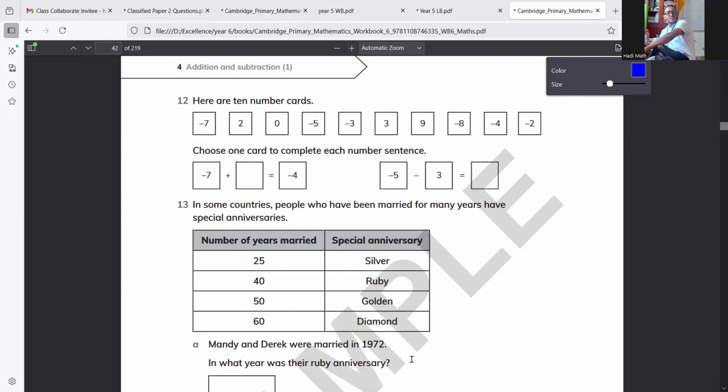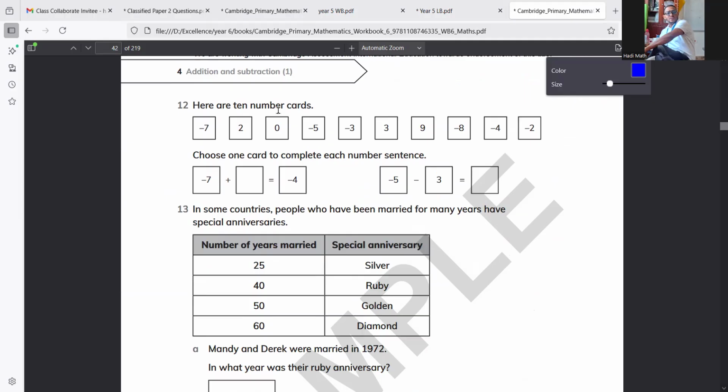Go to the question after. They say here are 10 number cards: -7, 2, 0, -5, -3, 3, 9, -8, -4, and -2. They say choose one card to complete each number sentence.